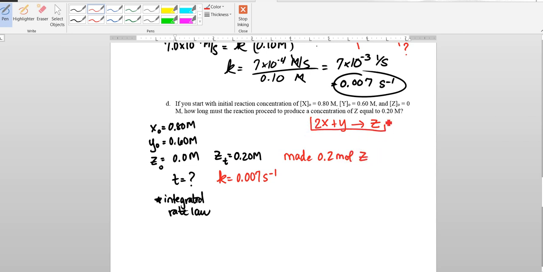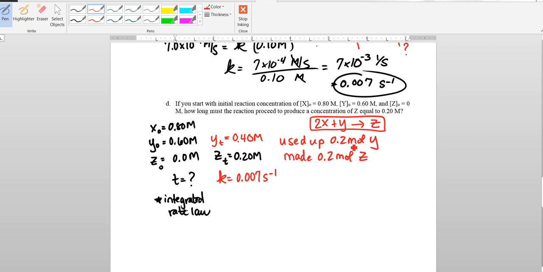And looking at my mole ratios here, in order to make 0.2 moles of z, I must have used up 0.2 moles of y, because they react in a 1-to-1 ratio. Every z you make must use up a y. And if I used up 0.2 moles of y, and my y started at 0.6, at the end it's going to be 0.6 minus 0.2. It is now 0.4 molar.